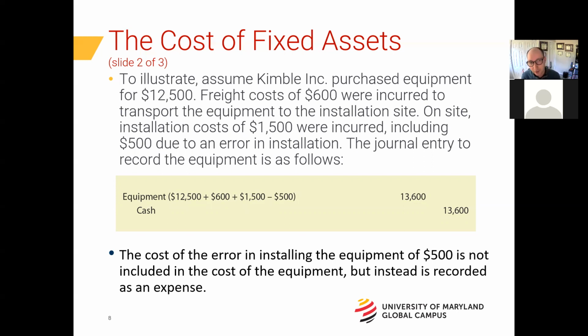You might be asking. It's the purchase price plus transport plus installation, but then minus an error for installation. So the error for the installation, instead of contributing to the cost of the equipment, we end up recording that as an expense.